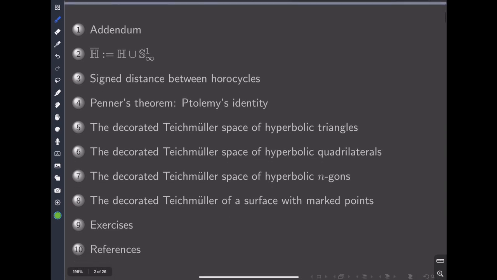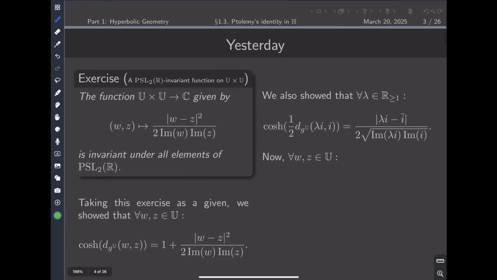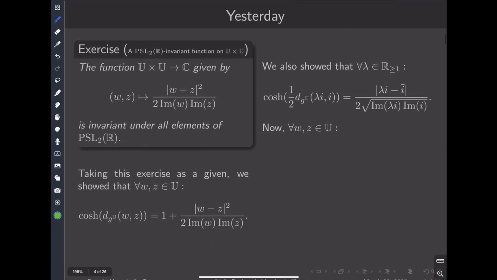So first, addendum from yesterday. Yesterday there was a gap, right? And this at least I could finish checking. Where did I do it? Okay, now I don't find where I did it, but I feel that somehow I filled in the gap.